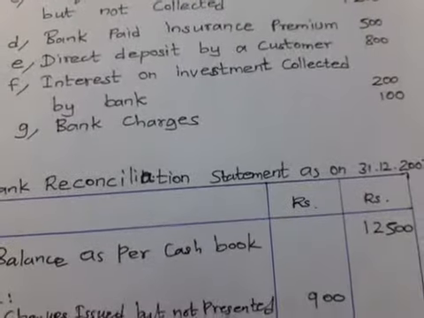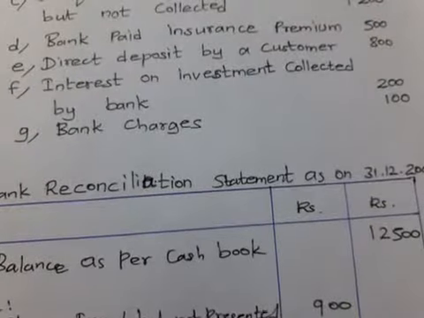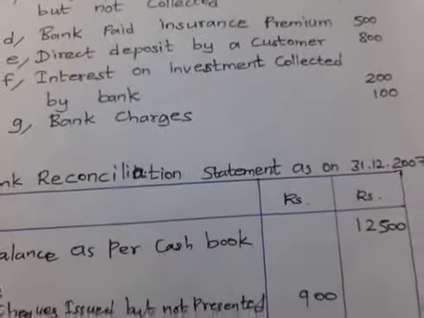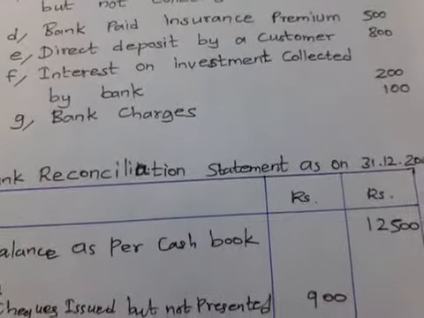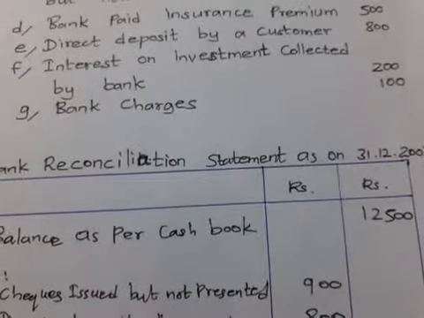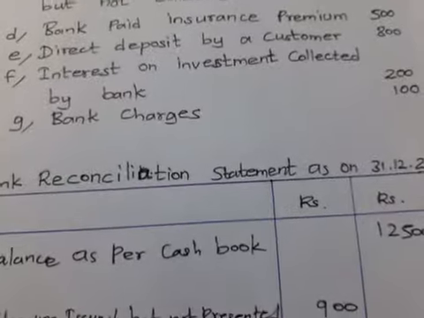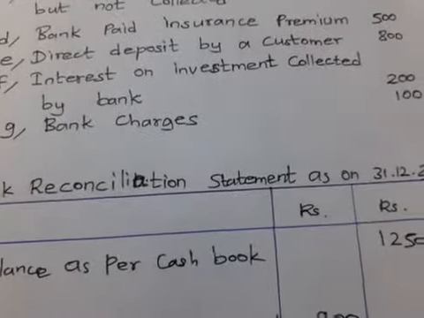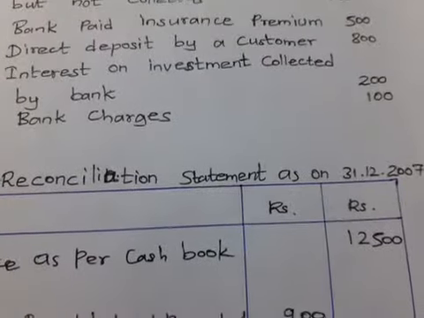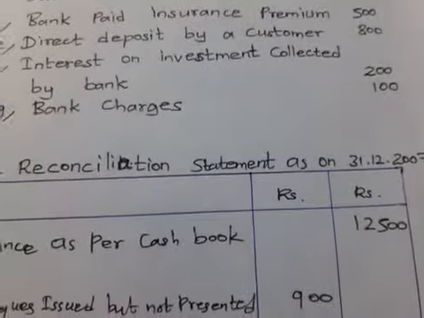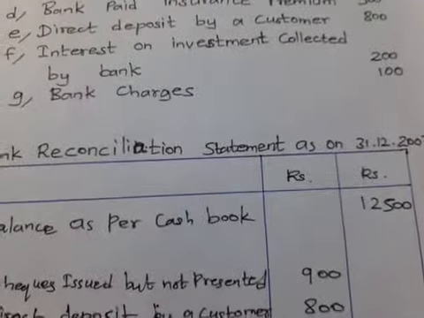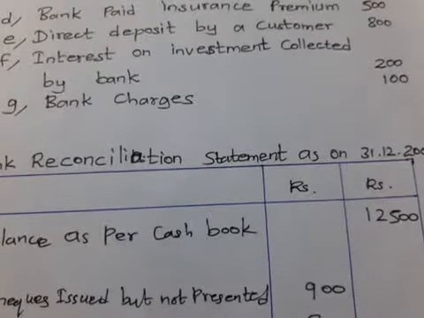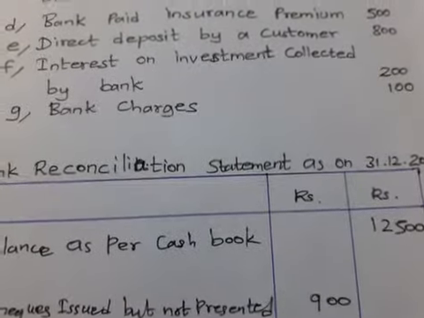Interest on investment collected by bank 200. In a few cases, the firm gives the instruction to the bank to directly collect the dividend or the interest of the firm. So in this case, the bank collected one interest amount on investment directly. So 200. It increased the bank balance, but it's recorded in the passbook only. It's till now not recorded in the cashbook balance.